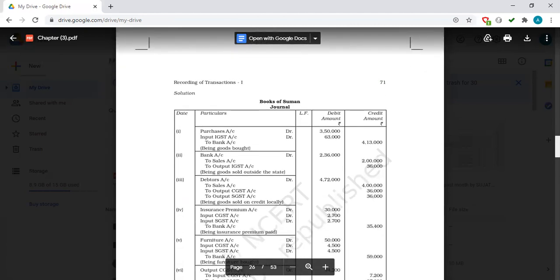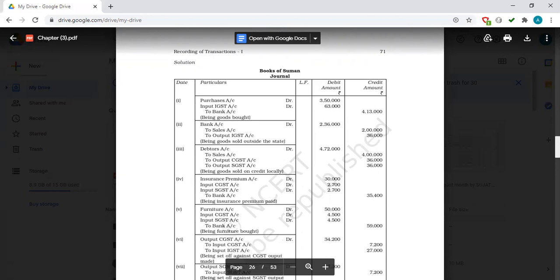Input CGST, 9% of 50,000 is 4,500, input CGST account debit 4,500, input SGST account debit 4,500 to bank account. Do the total: 50,000 plus 4,500 plus 4,500, 59,000. So to bank account 59,000, being furniture bought. Here your transactions are completed.